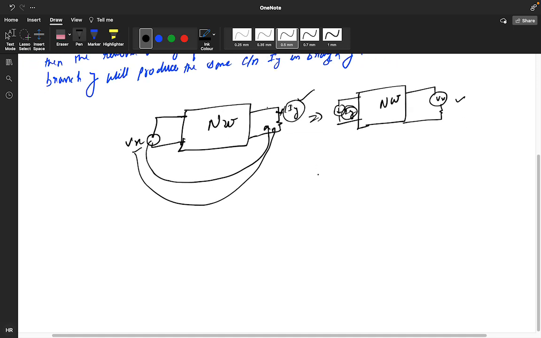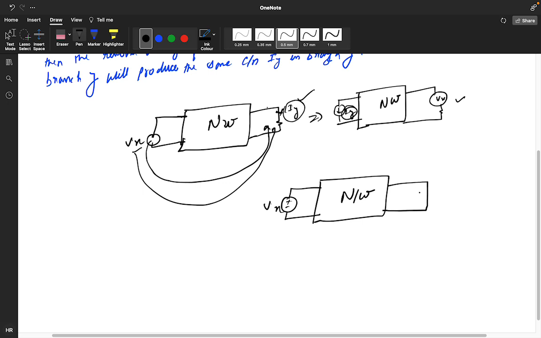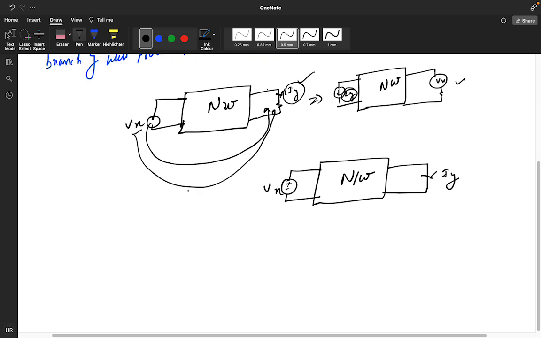See, you have understood it like this. You have a network, you have a particular voltage, positive, negative, Vx, and you have current Iy. Now what you did is change this voltage to this particular side, positive, negative, Vx.